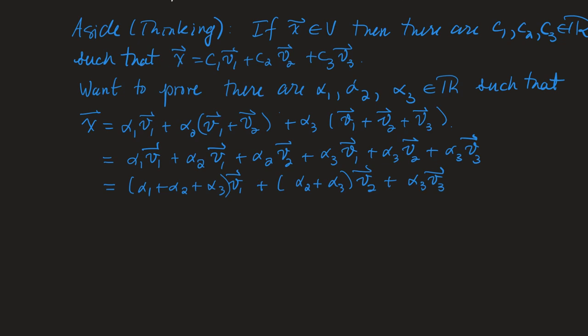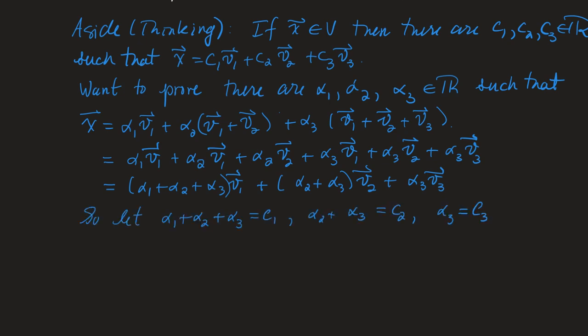But I already know that there exist these specific constants, C1, C2, and C3, such that x is equal to this. So I can let alpha 1 plus alpha 2 plus alpha 3 be C1, alpha 2 plus alpha 3 be C2, and alpha 3 be C3.